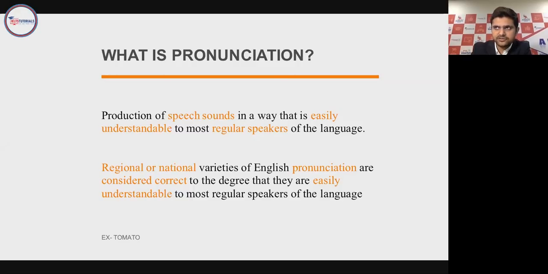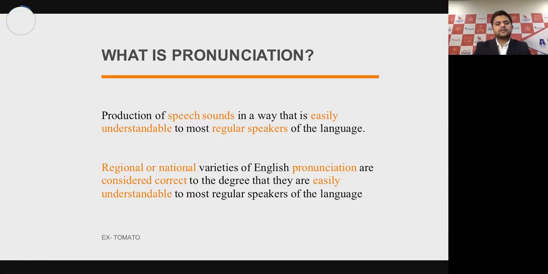So you don't need to worry about certain variations. However, you just need to make sure that your variation in your pronunciation should not be to a degree where it becomes difficult to understand, or the meaning of that particular word completely changes. So you need to keep that in mind when you're practicing for fluency and pronunciation.